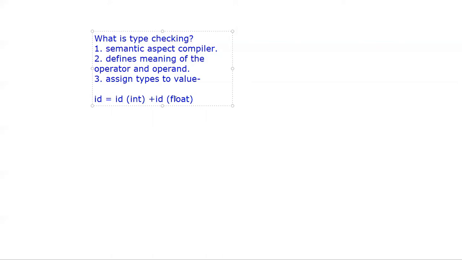If this is integer and this is float, what should be the value of the expression? That is the resultant. If this is integer and this is also integer, then what should be the value of the expression? If this is float and this is also float, then what should be the value of the expression? We are talking about the whole value after calculation.